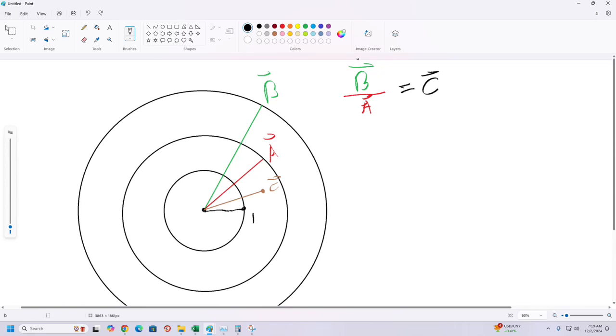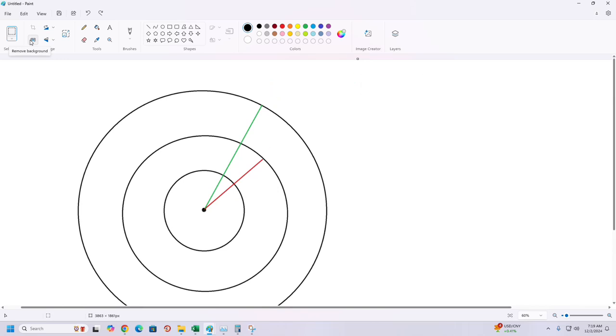Now, if these were only real numbers, it would still be the exact same thing. A is 2. I'm going to draw them just a little parallel to each other so it's not confusing. B is 3.